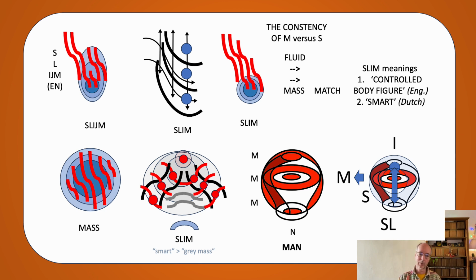We try to find a balance. So that's what is there. With SLIM it is actually finding the balance between this strong mass of adaptation and the adaptation process itself of change. So SLIM is also the smartness.